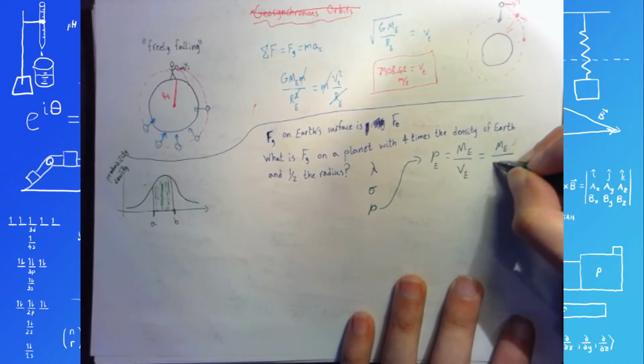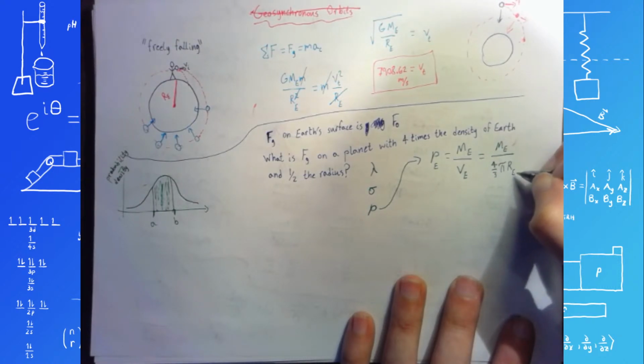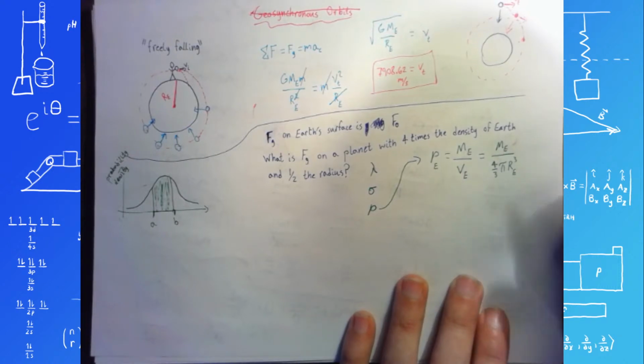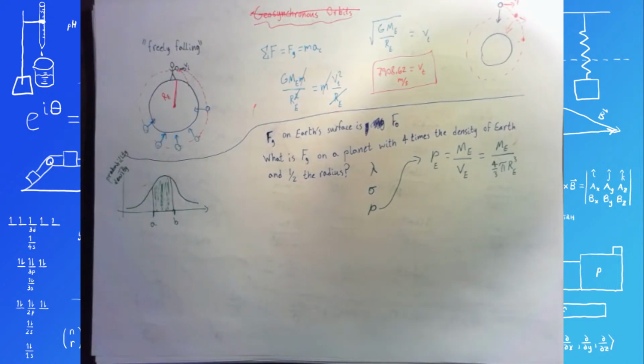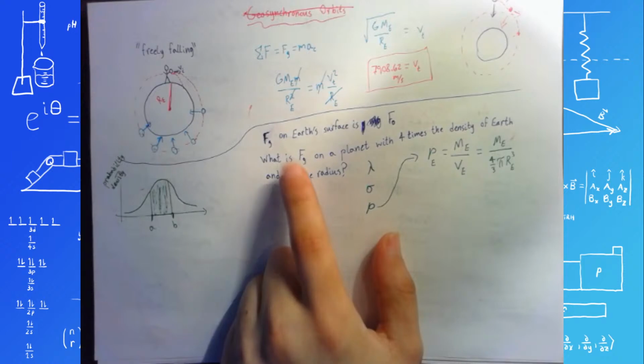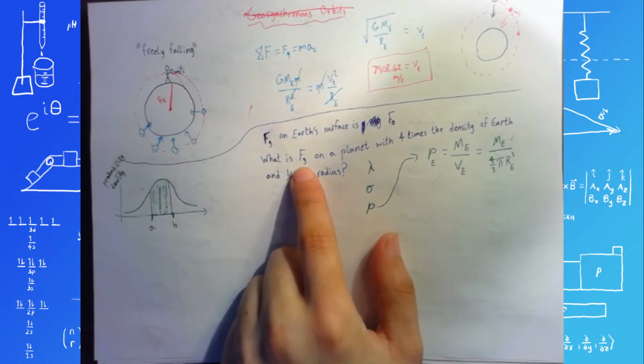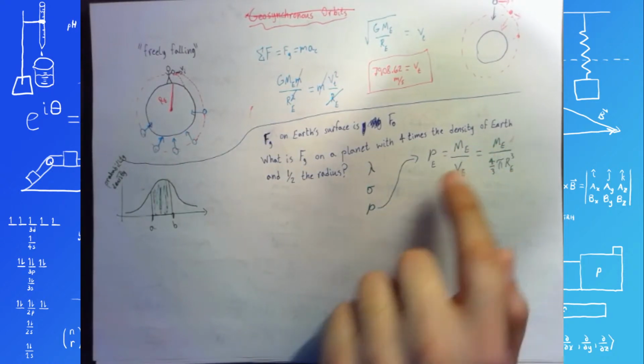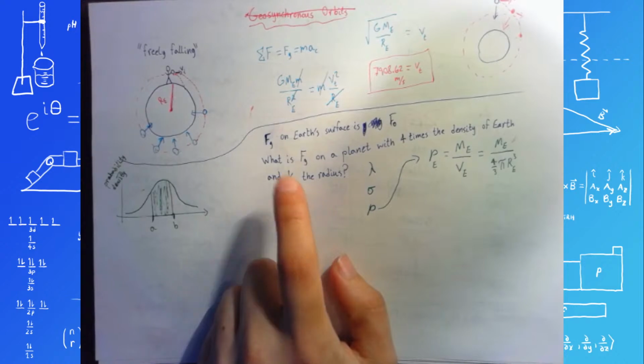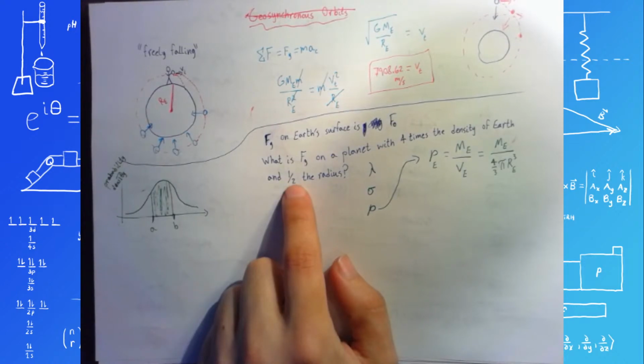So mass of Earth over 4/3 pi radius of Earth cubed. Now, the 4/3 pi isn't really going to be the most important thing here. As we'll see, it cancels out pretty quickly. But we are looking at a planet. Now, we want to compare it to a planet that has 4 times the density of Earth and 1/2 the radius. And we want to figure out the force of gravity on the surface of such a planet.